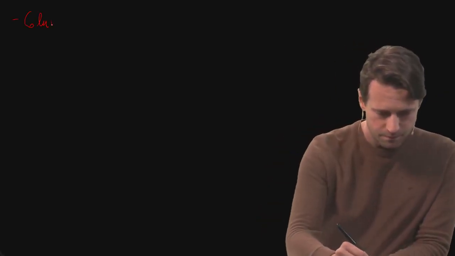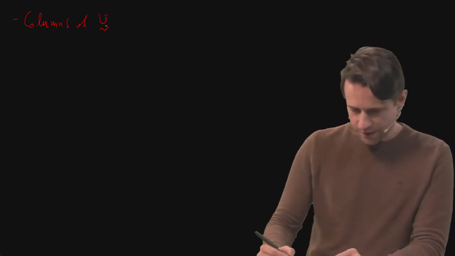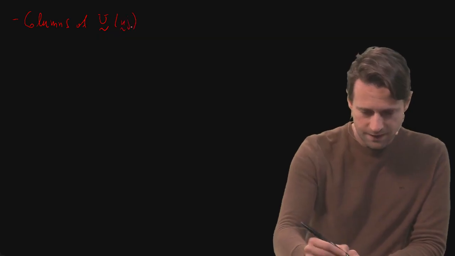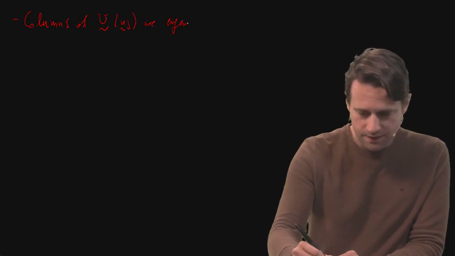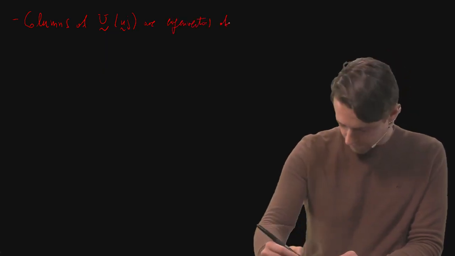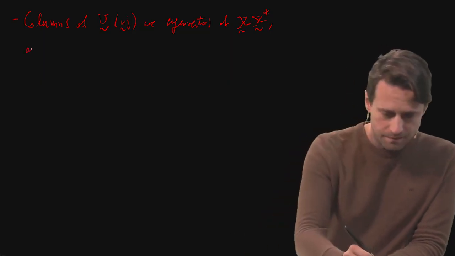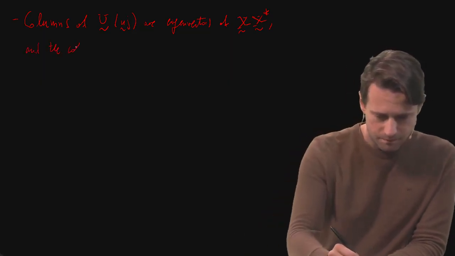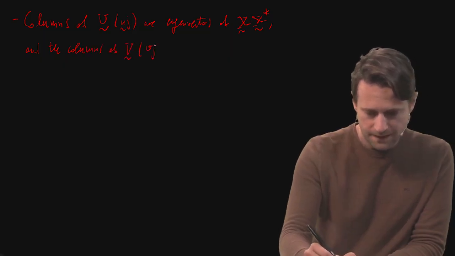If you remember, last week we were talking about the columns of U, which, if we call them Uj, remember these are vectors, are eigenvectors of this product matrix, eigenvectors of X times X star, and the columns of V, which we're going to call Vj.